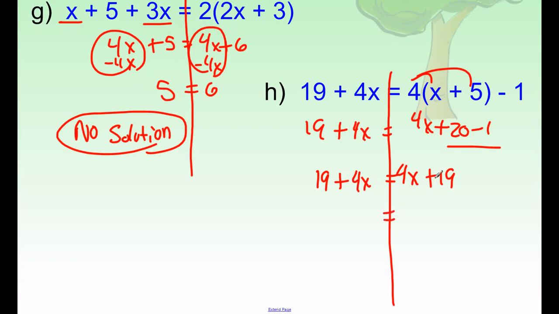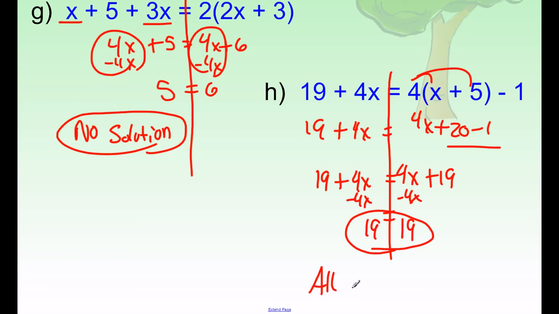And then I would minus 4x, and you have 19 equals 19. That is true. So this problem is all real numbers.